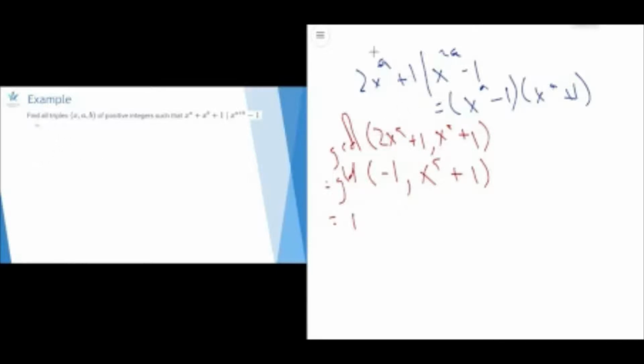So what this means is that 2x to the a plus 1 and x to the a plus 1 are relatively prime, right? So any divisor of this will not divide this. Hence, we can cross it out. So now we work with the other thing, which is x to the a minus 1. So let's work it out.